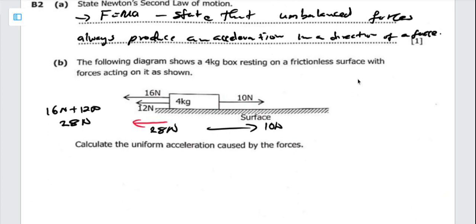When I want to find the resultant force here, what should I do? The resultant force is going to be equal to the greater force minus the lesser force. The greater force there is 28 newtons, minus 10 newtons, and the answer is going to be 18 newtons. This is what you're supposed to answer there.